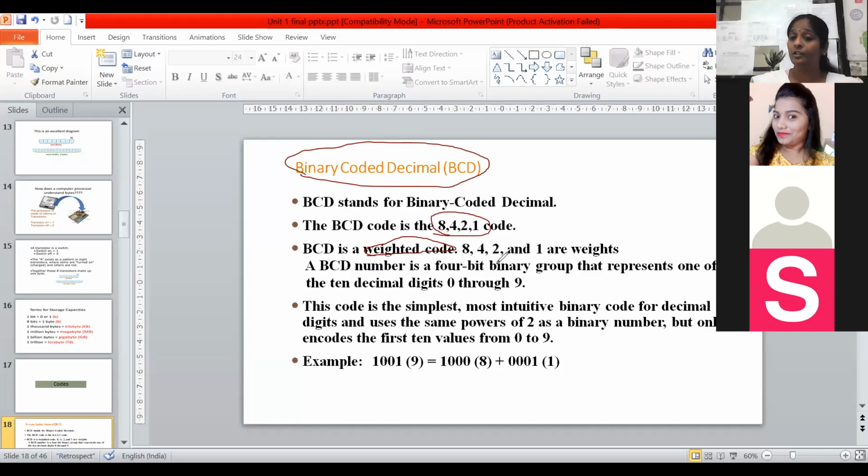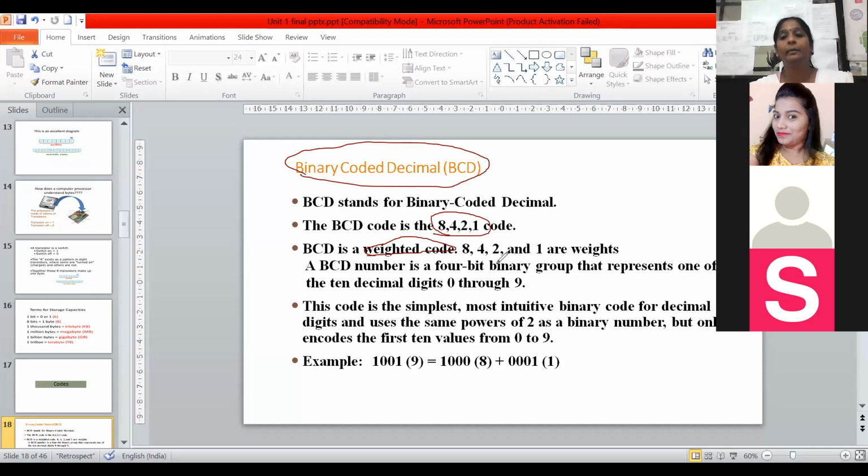But whatever work the peon or the assistant does cannot be done by the owner. The owner does not do the peon's work; the peon does the peon's work and the owner does the owner's work. Based on that, weightage is there. That is, BCD is a weighted code.